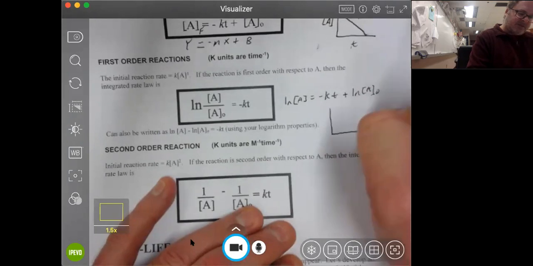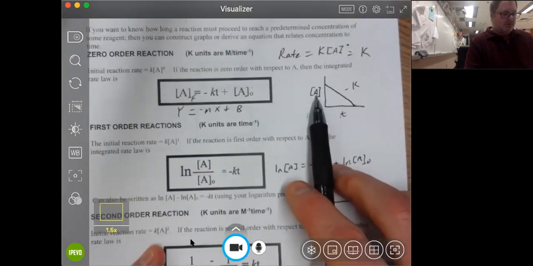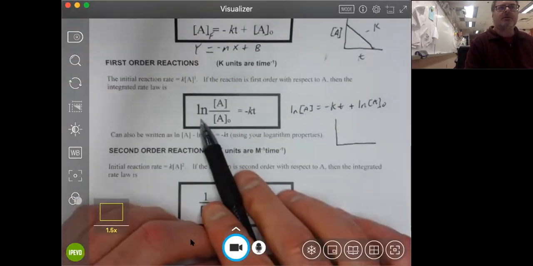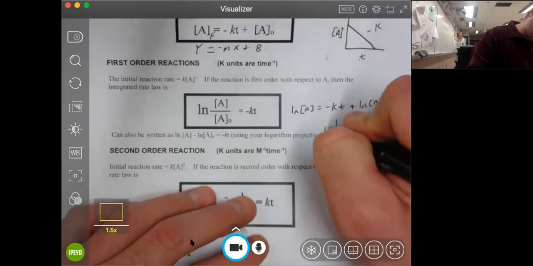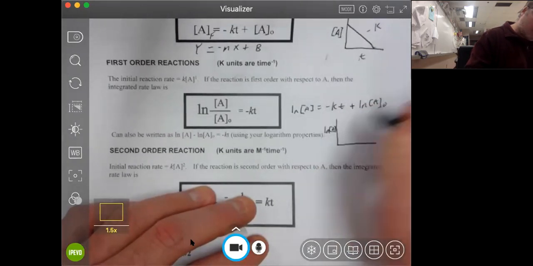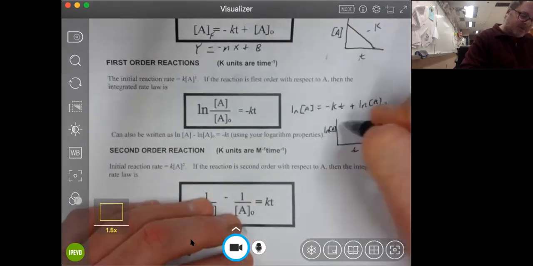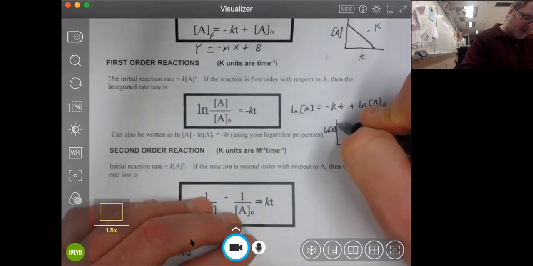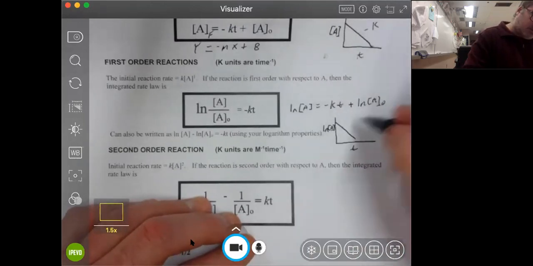So again, this would be our slope, time would be our x, and this would be our y-intercept. The problem here is that instead of using concentration of A, we actually have to use the natural log of A to time. Well, not much different because we're going to get the same type of graph, but this time with the natural log.